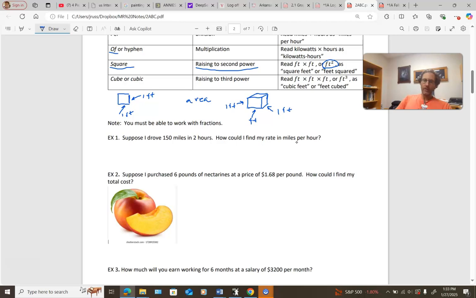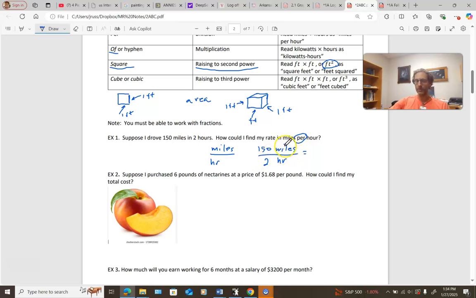Well, think about this word per, and that implies division, or if you remember what I said, that means that something is going into the denominator. So miles per hour means miles over hours. If I've driven 150 miles, that's my distance over the number of hours in which I did it, 2 hours, and then I can divide these numbers.